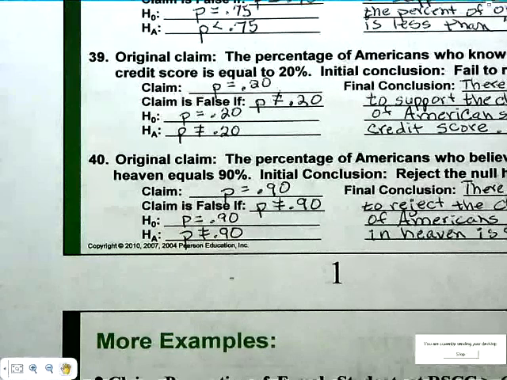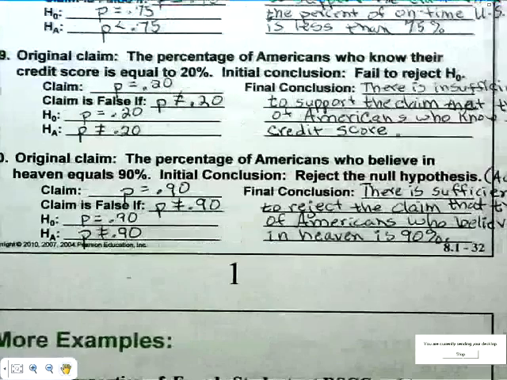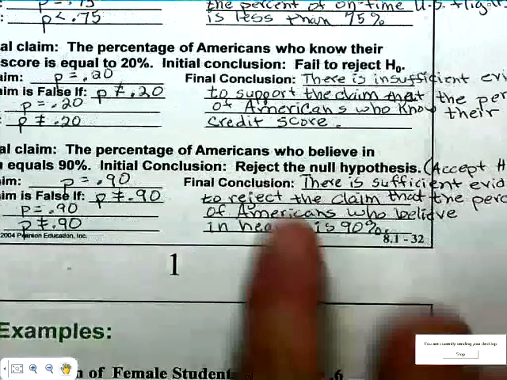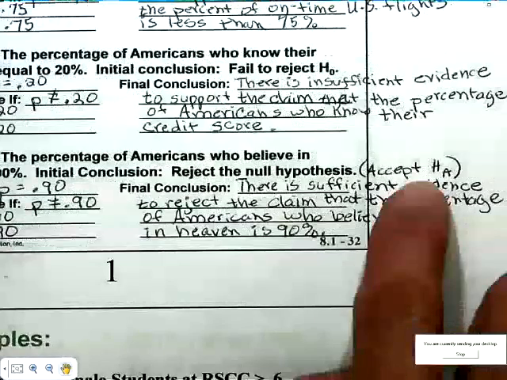That's the three possibilities. Either you're right, you're wrong, or there's not enough evidence to say either way. Reject the null always means accept the alternative. Fail to reject the null always means insufficient evidence.